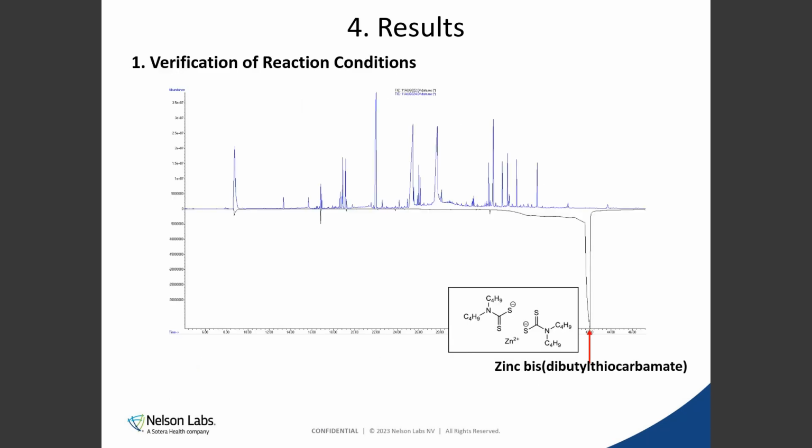So this is the first example of what we did, and that means that we compared the mixture of one of those compounds that were in our test system, and on the upper line that was compared to the mixture.